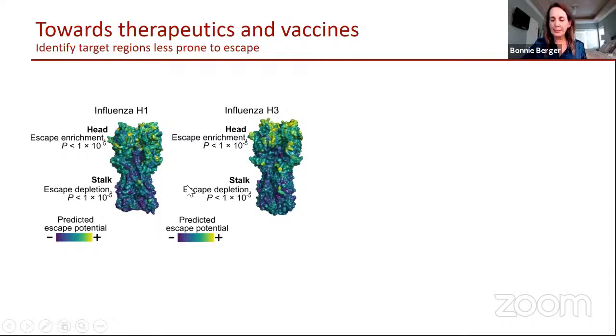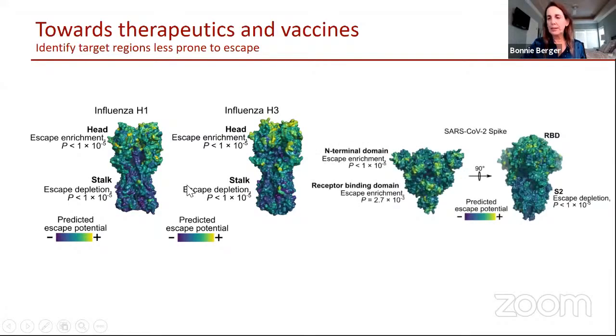So in this case, we'd want to target the stalk. And if we look at SARS-CoV-2, the spike protein has escape enrichment in the receptor binding domain and escape enrichment in the N-terminal domain, but less so.